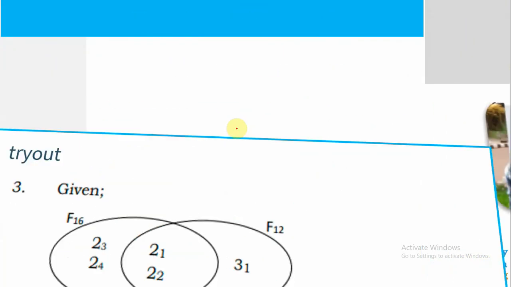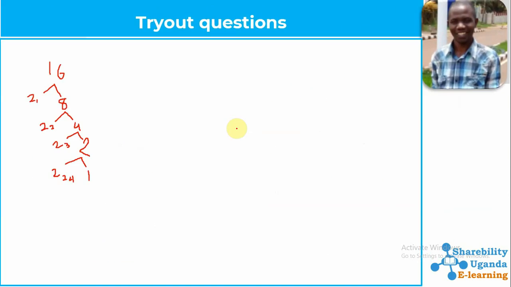Using the same method, that's how we can also get the prime factors of 12. In 12, when we divide 12 by 2, we get our answer as 6. Also here, when we divide our 6 by 2, we get our 3.